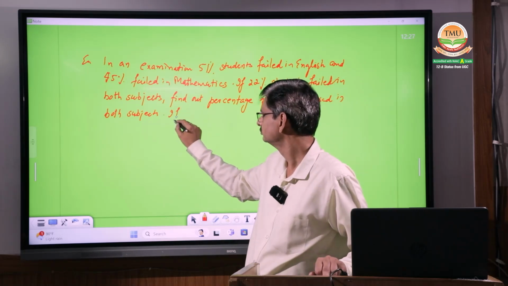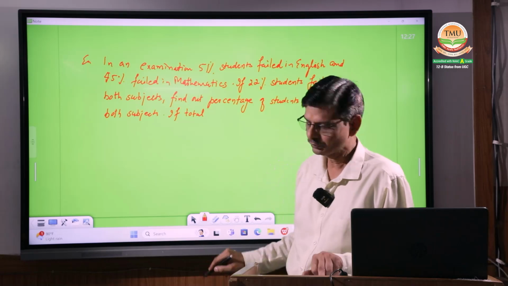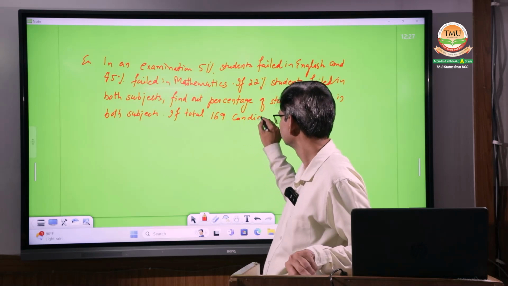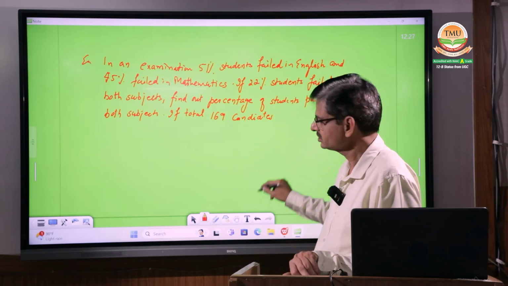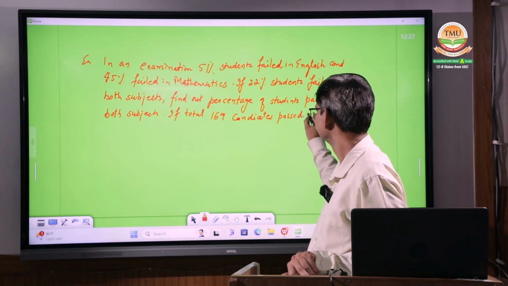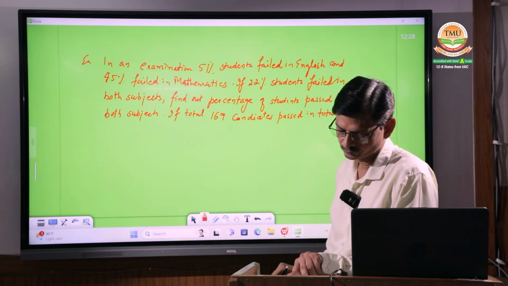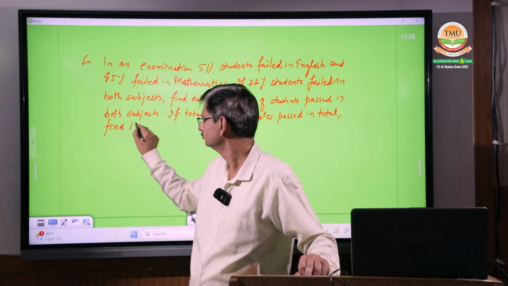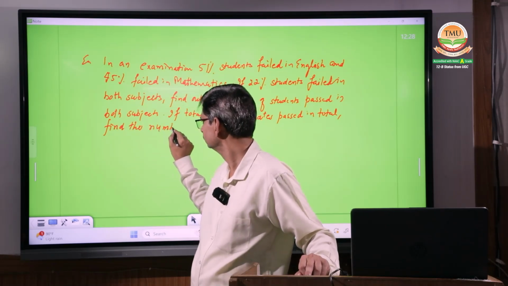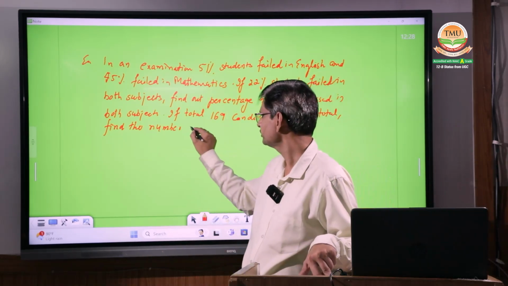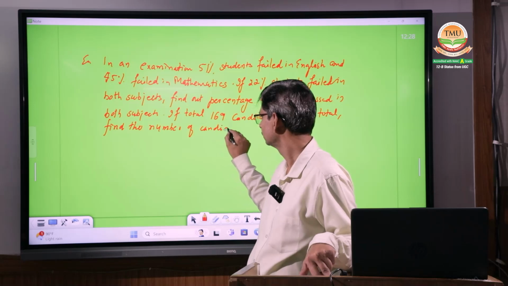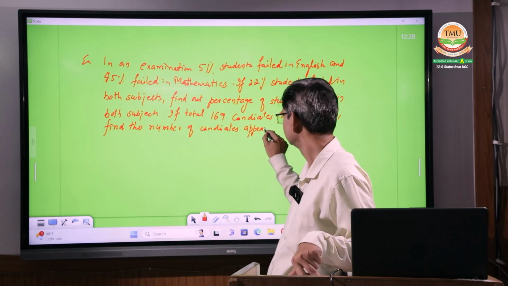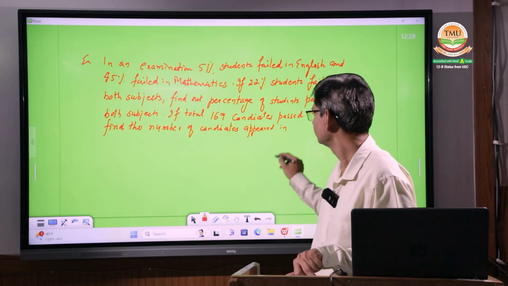If total 169 candidates passed in total, find the number of candidates appeared in examination.